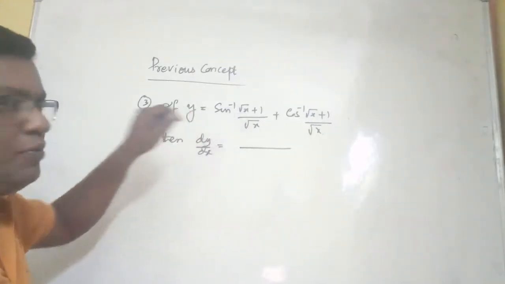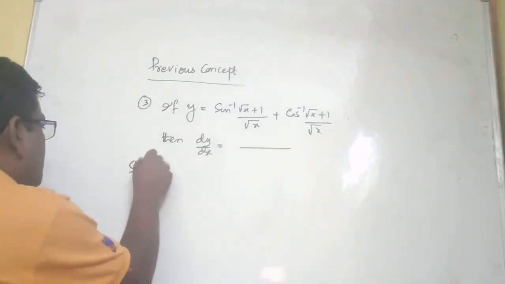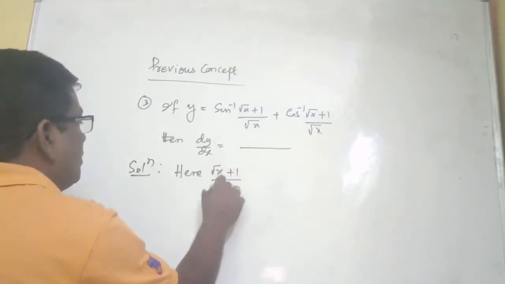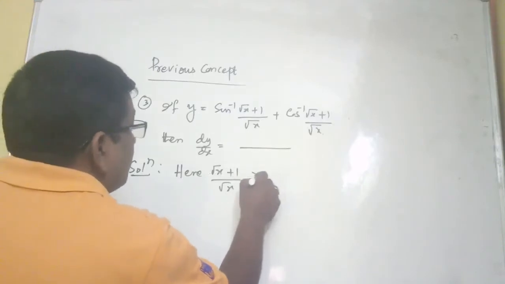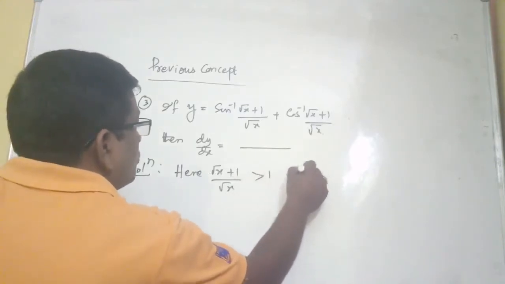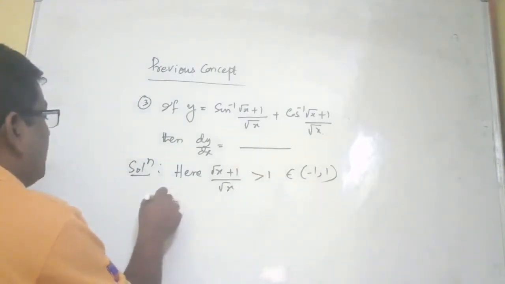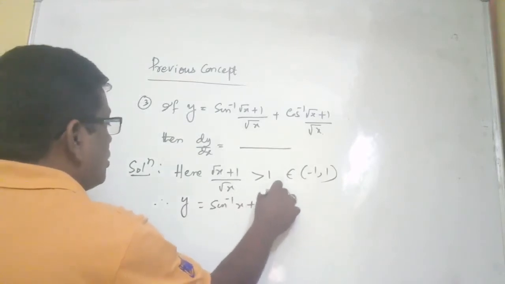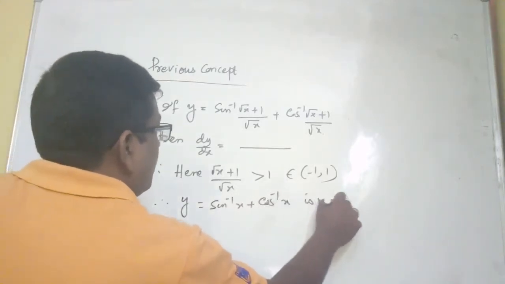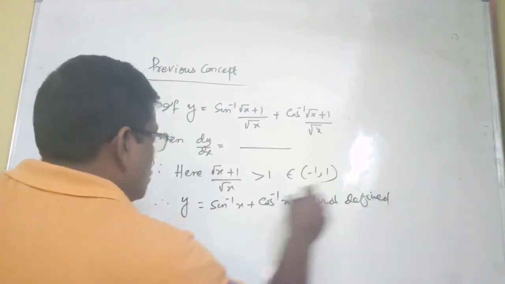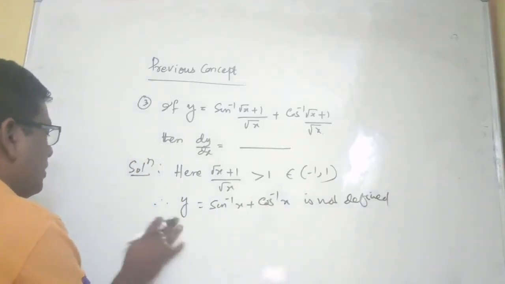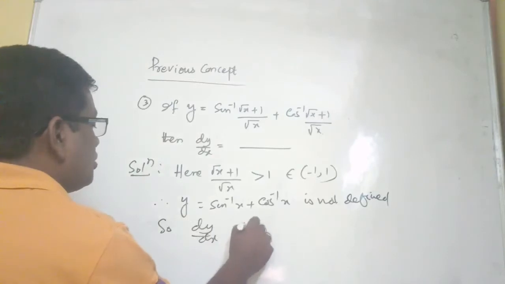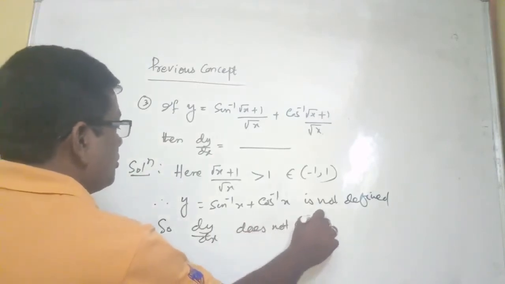This cannot be pi by 2 because, here, solution: root x plus 1 divided by root x is greater than 1. So it does not belong to -1 to +1. That implies y is equal to sin inverse x plus cos inverse x is not defined. So dy by dx does not exist.